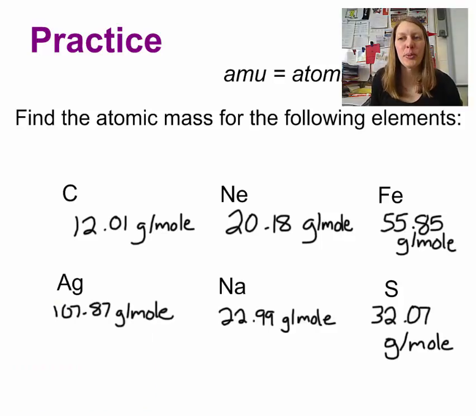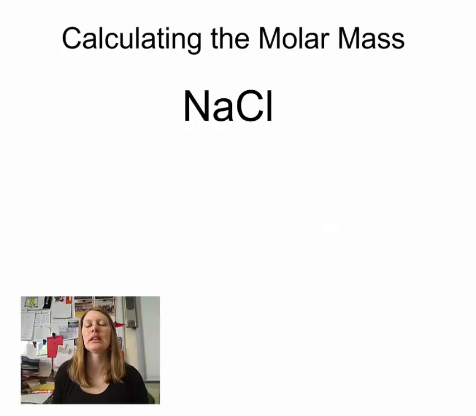If you tried out the practice, go ahead and check your answers with what we have here. Now, if we take that concept of the atomic masses and we want to apply it to the molar mass of a compound, we are going to use the similar skills, except for now we have to add what we have for sodium and what we have for chlorine.